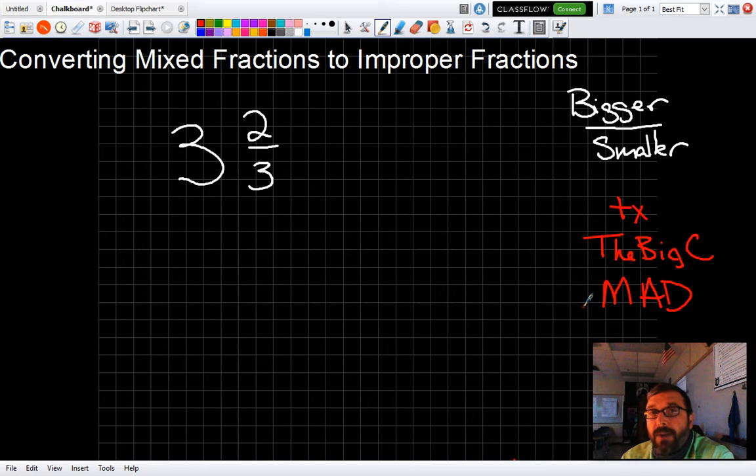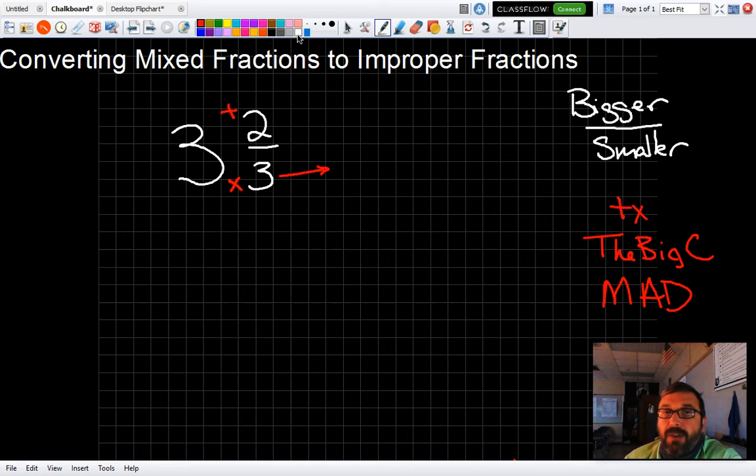So I always get angry every time we get around fractions, and thus it's easy for me to remember to get mad at the fractions. Okay. Now, what MAD stands for is multiplying, adding, and keeping the denominator.